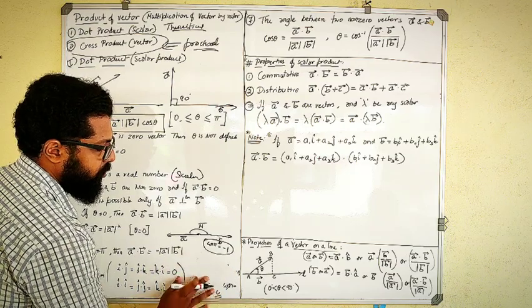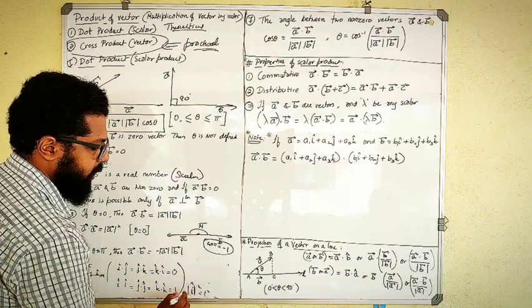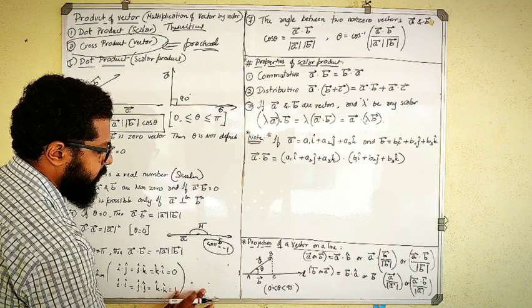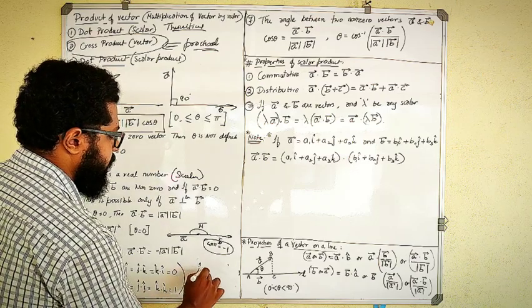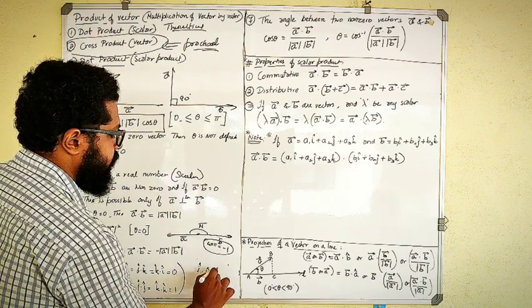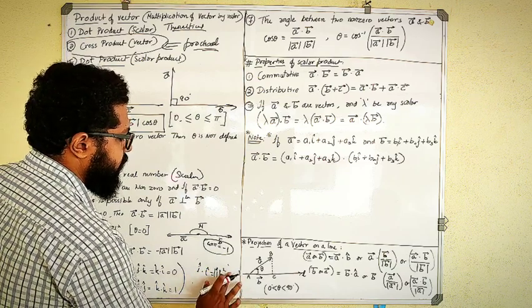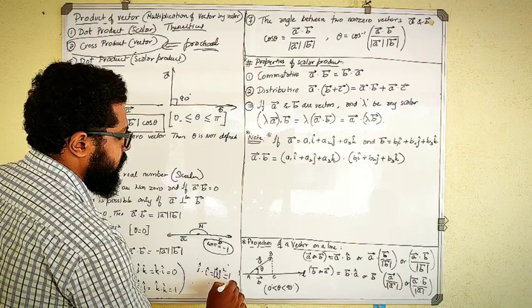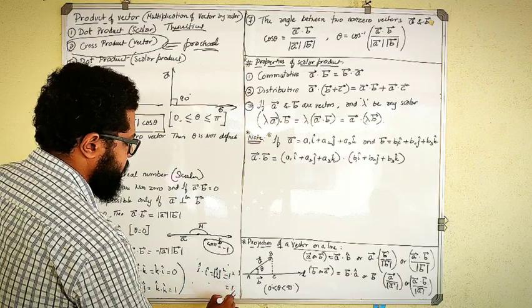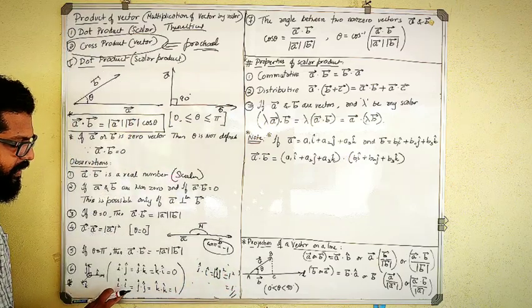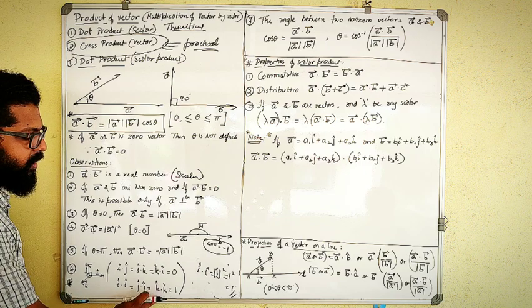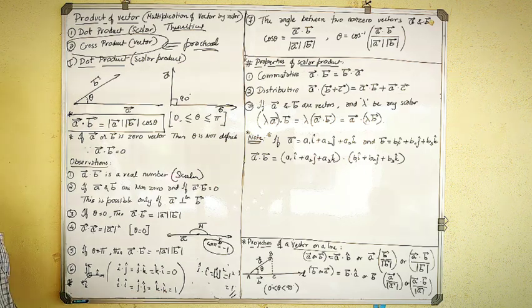I'll write it clearly. i cap dot i cap is equal to magnitude of i cap square, which is 1. Which means i dot i is the same as writing j dot j is the same as writing k dot k, which is equal to 1. Clear?